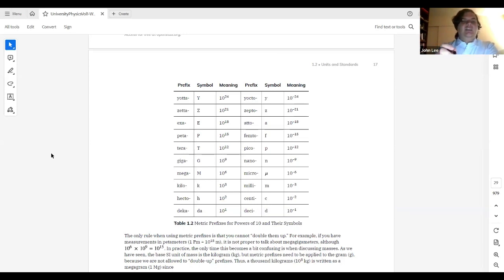So if you're talking about thousands of kilometers or thousands of meters, then you would be talking about lengths of kilometers.